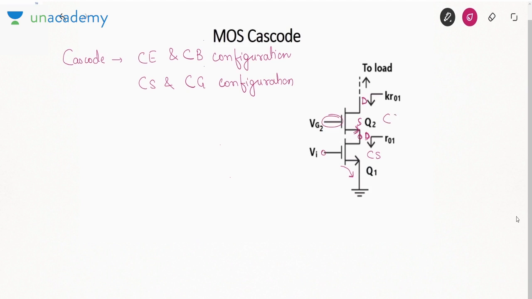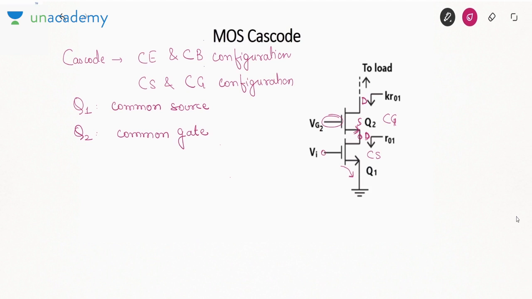So this is common gate. So Q1 is connected in common source configuration because input is at gate and output is at drain, and Q2 is connected in common gate configuration. So that is why Cascode connection is nothing but a connection of common source, common gate configuration.